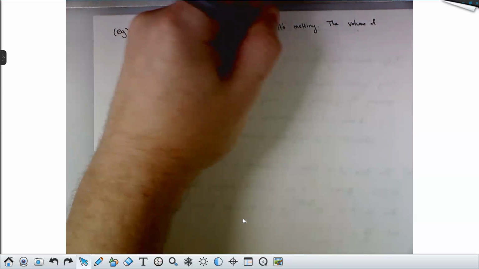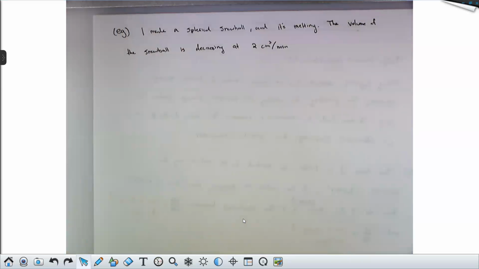So I know the volume of the snowball is decreasing at the rate of, let's say, 2 centimeters cubed per minute. So I'm losing 2 cubic centimeters off this snowball every minute, right? That's a volume over a time.